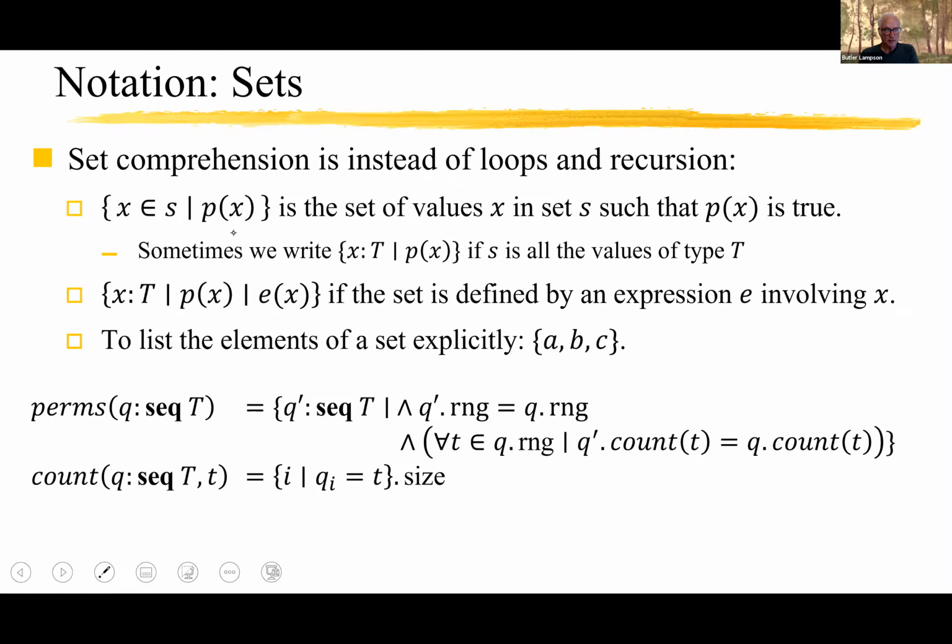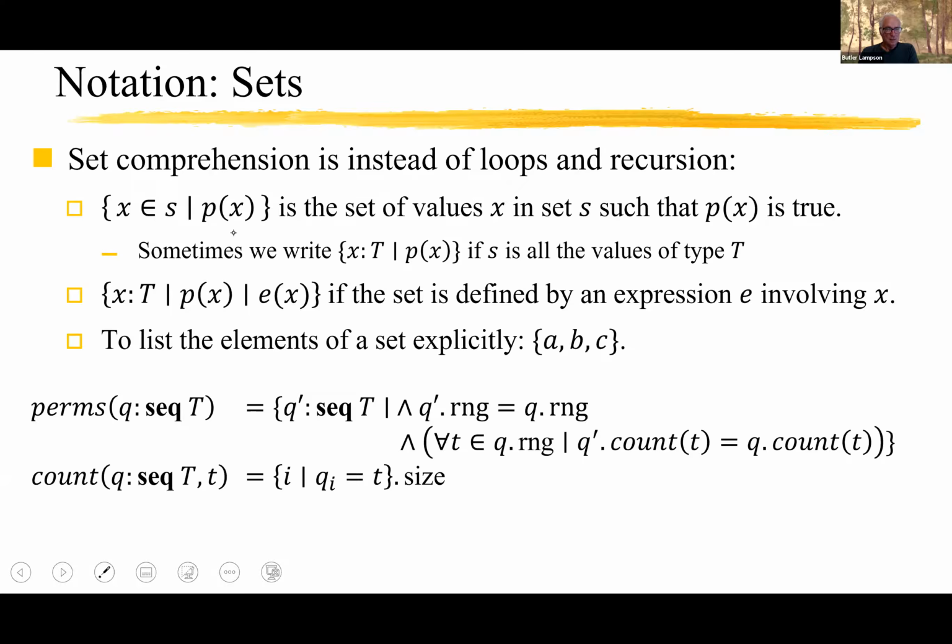A variation on this is that you don't return all the x's, but you apply some function to them. So you write the set of x's such that P of x is true, and then the values are going to be some expression involving x.